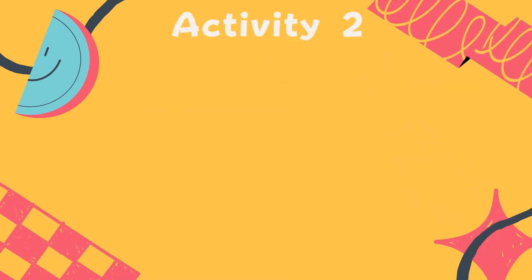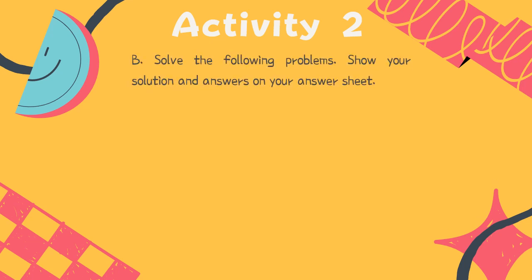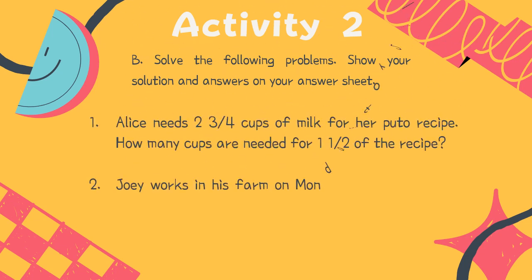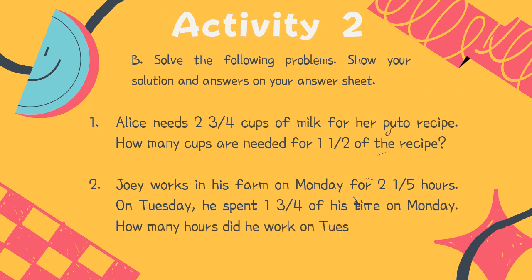Let us continue in answering activity 2. Solve the following problems. Show your solution and answers on your answer sheet. Number 1. Alice needs 2 3/4 cups of milk for her puto recipe. How many cups are needed for 1 1/2 of the recipe? Number 2. Joey works in his farm on Monday for 2 1/5 hours.